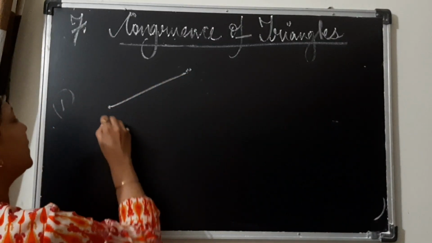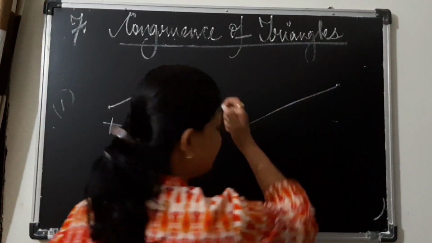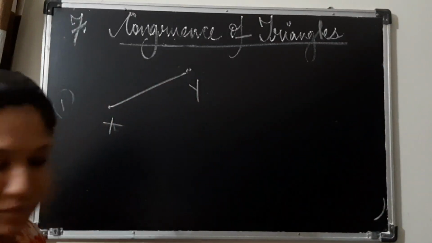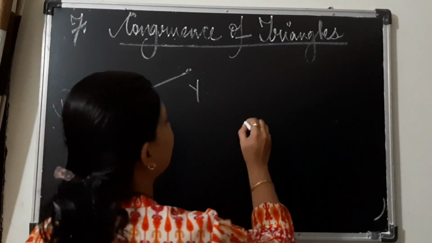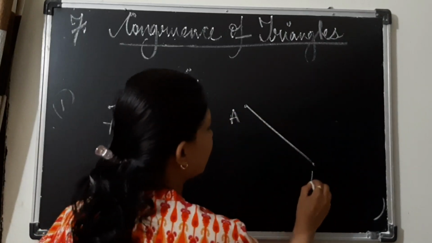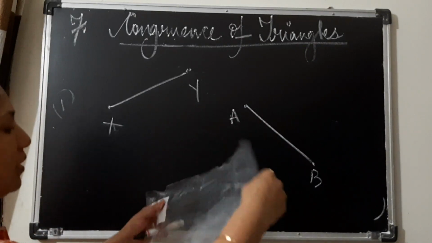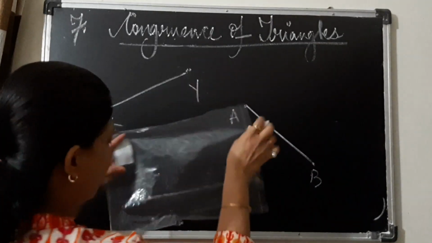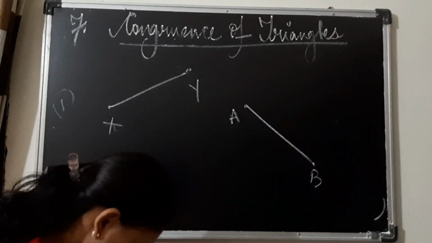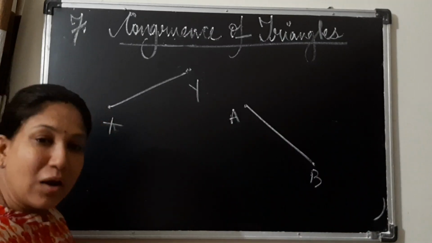Again, let it be X, Y, and here let it be A, B. Now what will I do? Again I will take a trace copy. I will rub this part. Okay. Now what we will do?